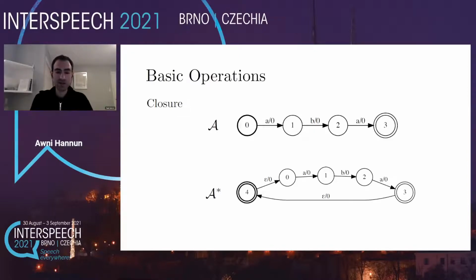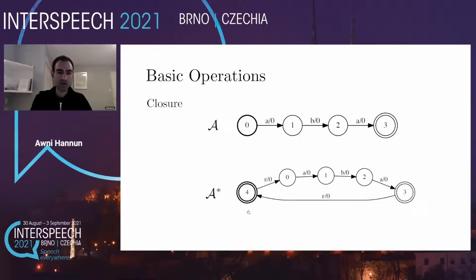We epsilon transition to the old start state. And then when we get to the accept state, we can epsilon transition back to the beginning. That's how we represent the fact that we can accept arbitrarily many copies of any of the sequences of the input graph.